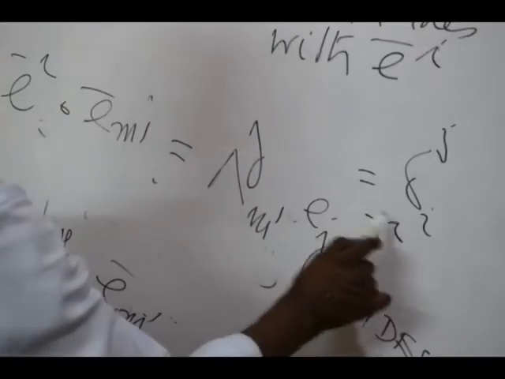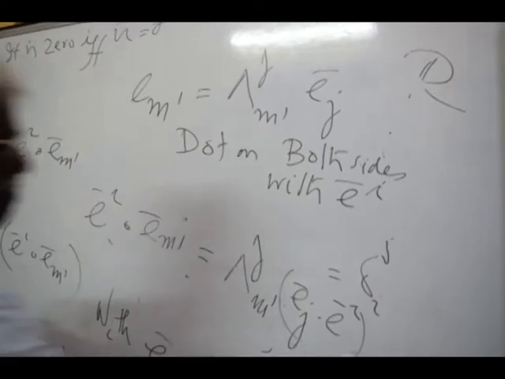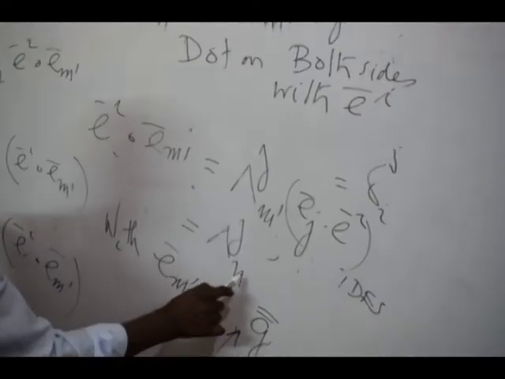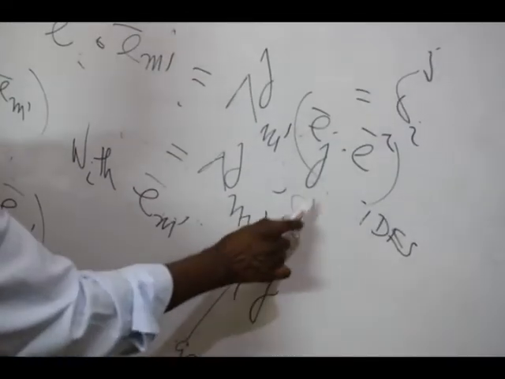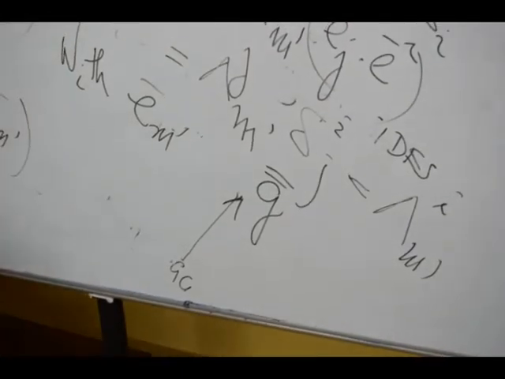On the right hand side what you get is simply lambda J M dash delta ij, which is lambda I M dash. So Ei superscript I dot Em dash is simply lambda I M dash. So I have the transformation law here.